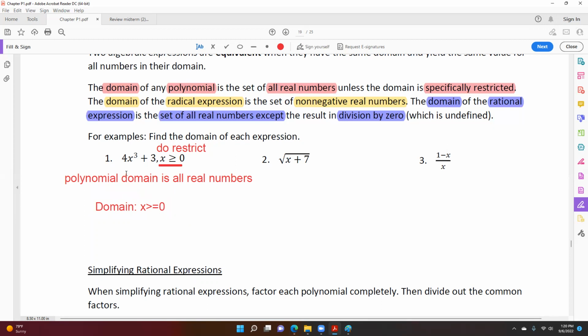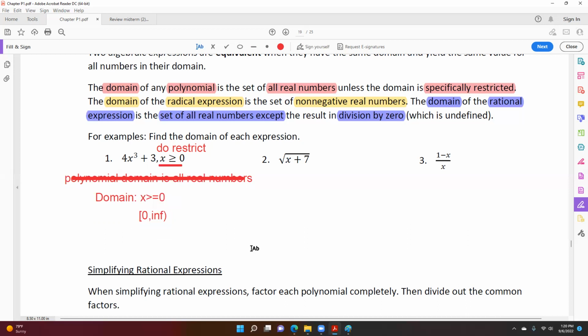But with the domain restriction, I'm going to gently scratch this off. With that, our domain in this case will be x is greater than or equal to 0. You can write it this way, or you can give it to me as bracket 0 to infinity in parentheses.